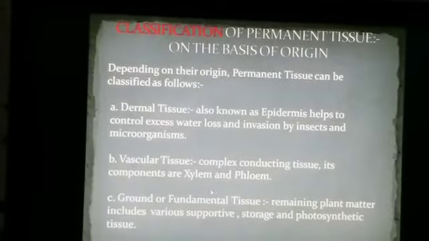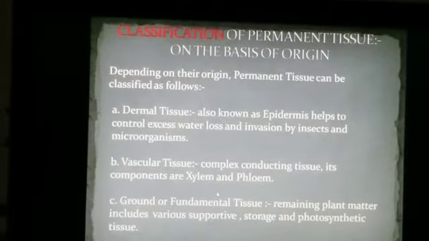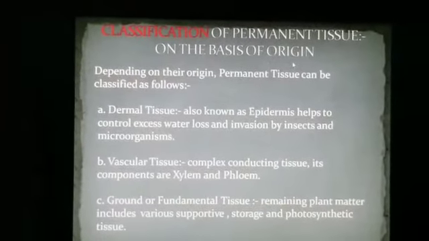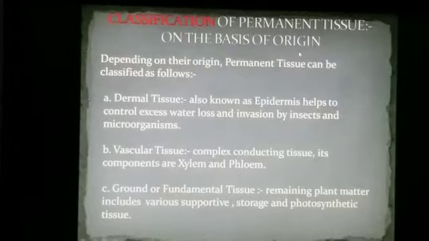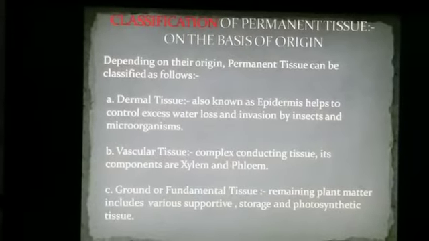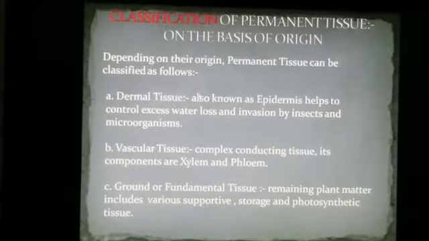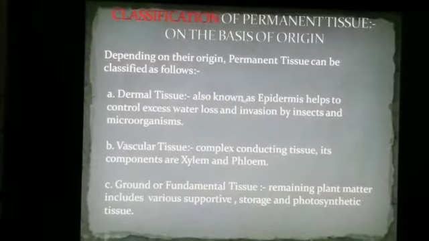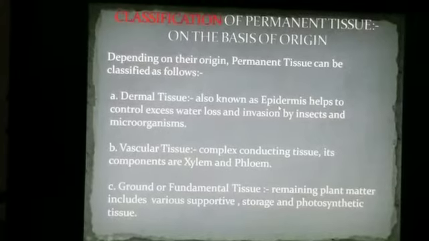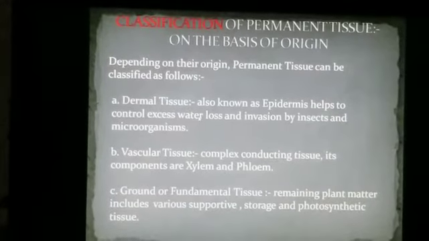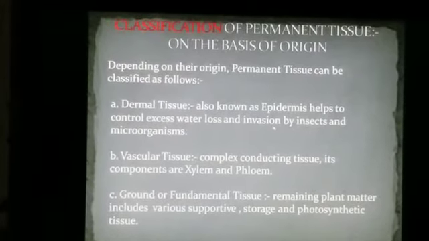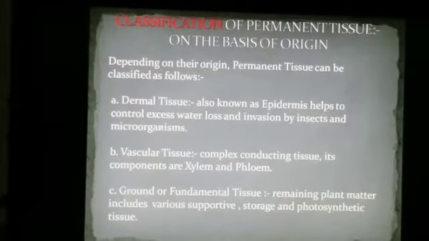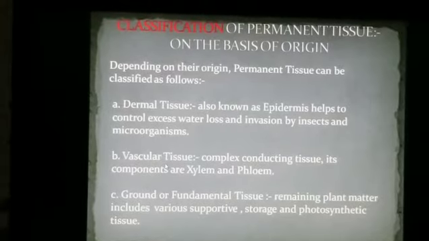Now I'll start today's session: the classification of permanent tissues on the basis of their origin, where they start. So permanent tissue can be classified as dermal tissue, also known as epidermis, because it helps in controlling excess water loss and invasion by insects and microorganisms. Then vascular tissue comes.